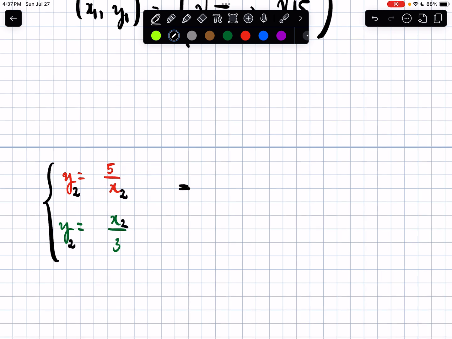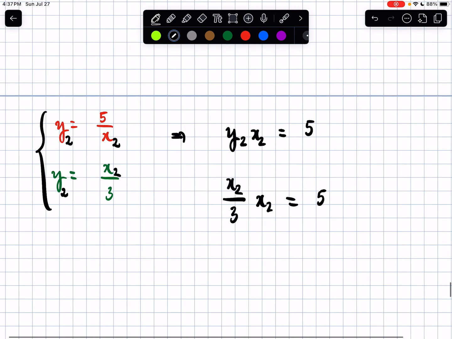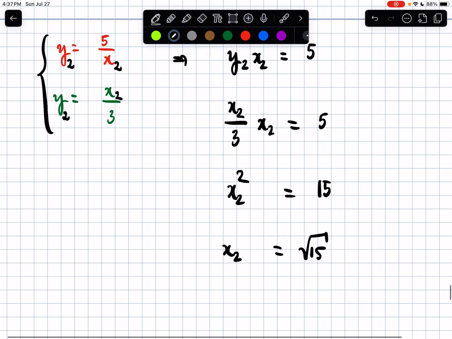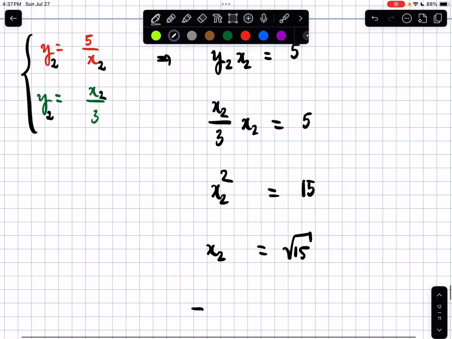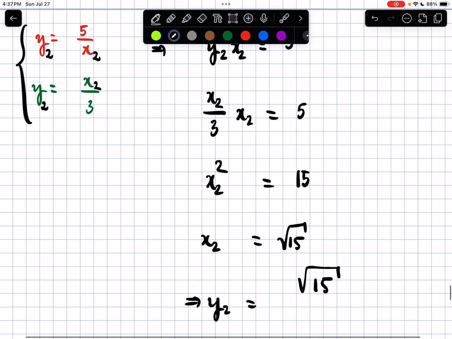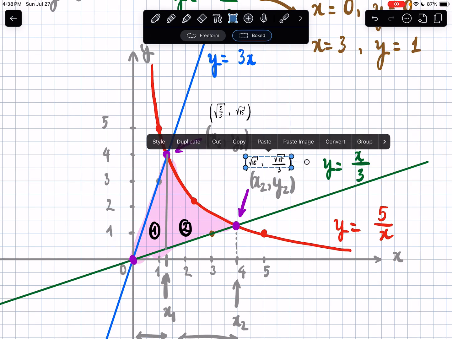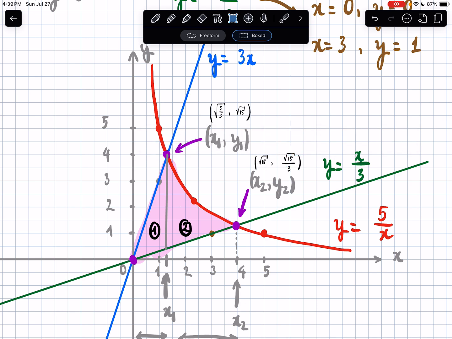So this one gives us y2 x2 equal to 5, and replacing y2 with x2 divided by 3, we get x2 squared equal to 15. So x2 equal to square root of 15. And this gives us y2 equal to x2 divided by 3, which is square root of 15 divided by 3.